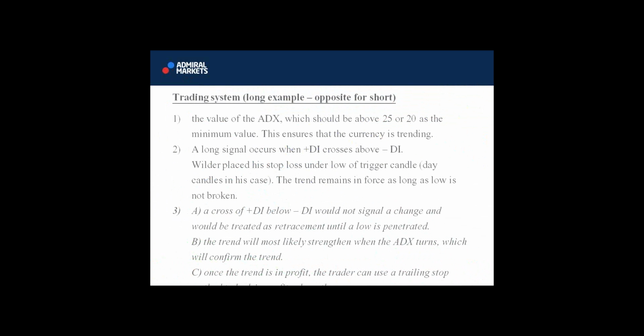Wilder created this trading system. The value of the ADX should be above 25, or at least 20. Okay, so we want that trending environment. A long occurs when plus DI crosses above minus DI. So interestingly enough, I actually used it as a trading system.